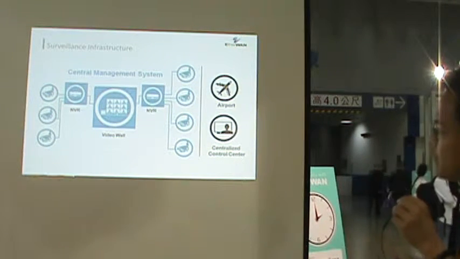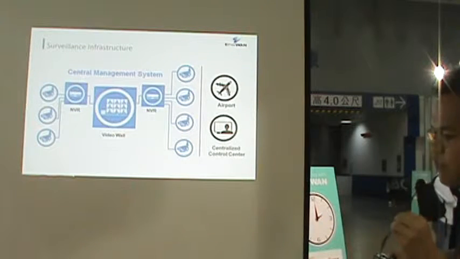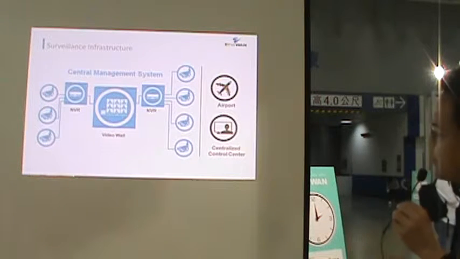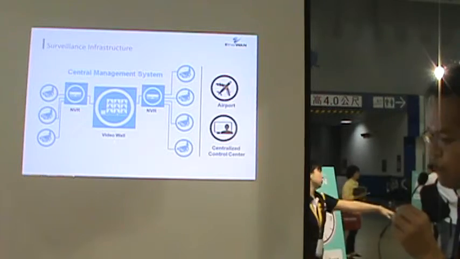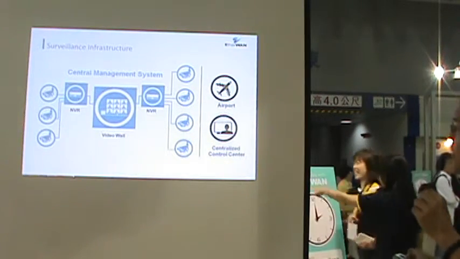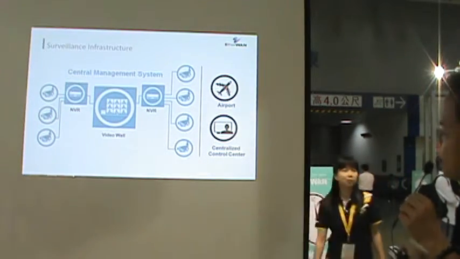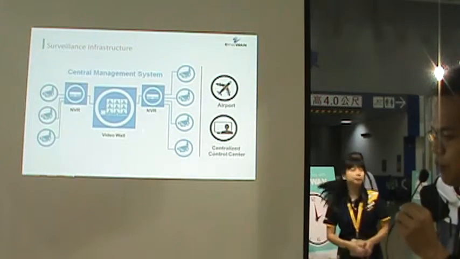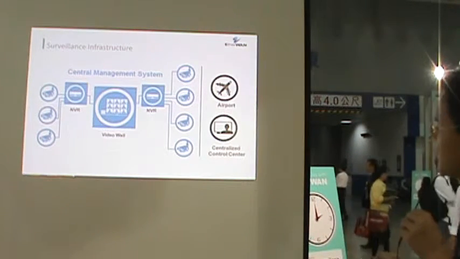This helps us unify every single device and provides a central point of management. This is typically what we see inside an airport, or if you have multiple sites as mentioned in the previous slides.